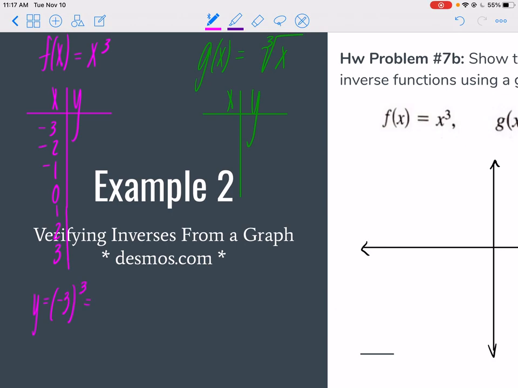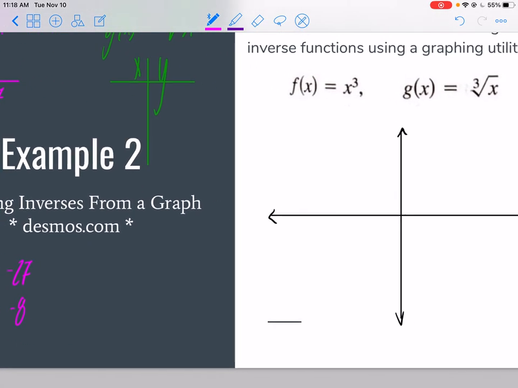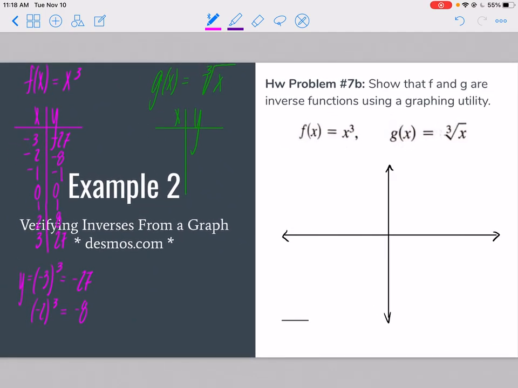Okay, -3 to the power of 3 is -27. Then we get -2 cubed, which is -8. Then -1 cubed is -1. 0 cubed is 0, 1 cubed is 1, 2 cubed is 8, 3 cubed is 27. So we could then graph those, okay?